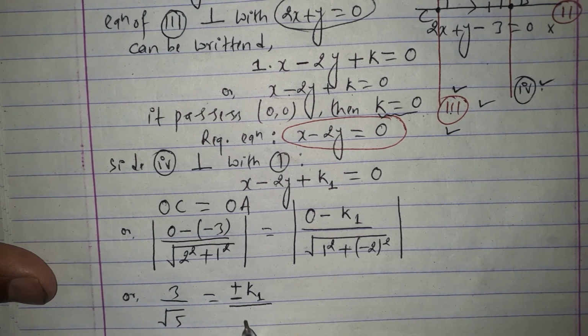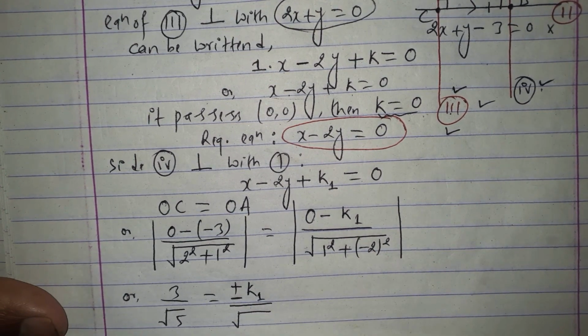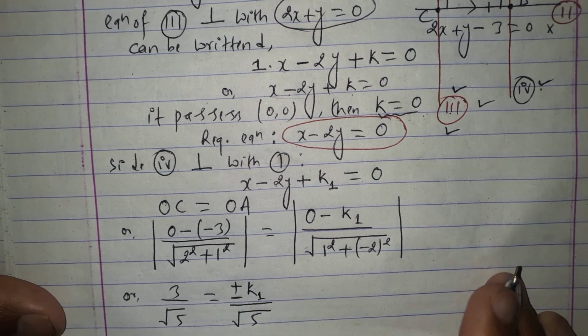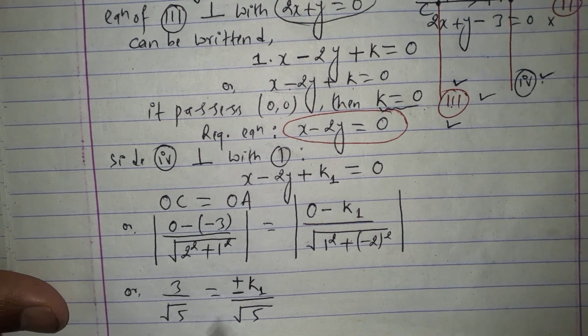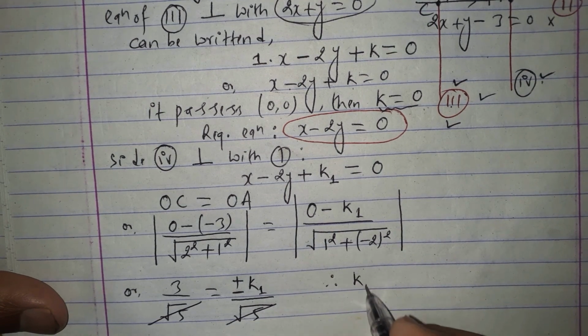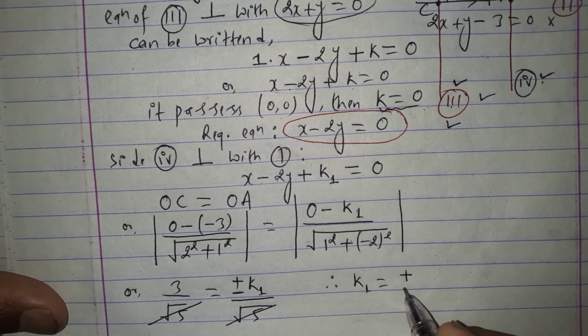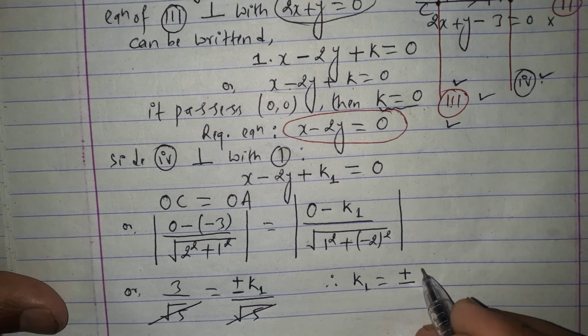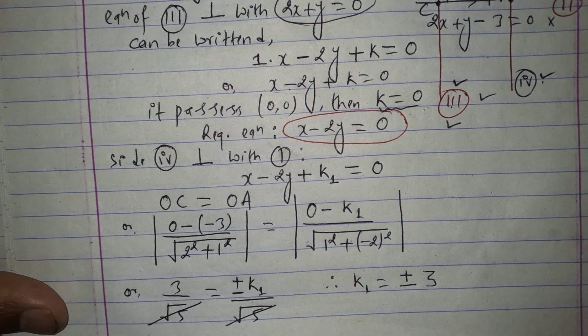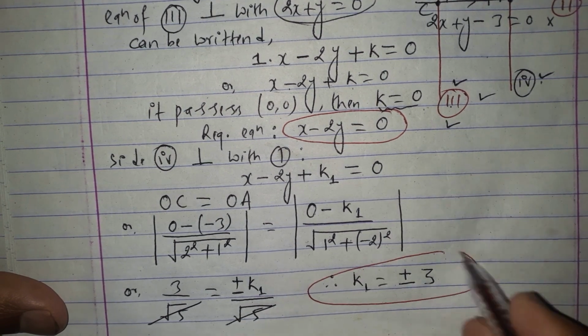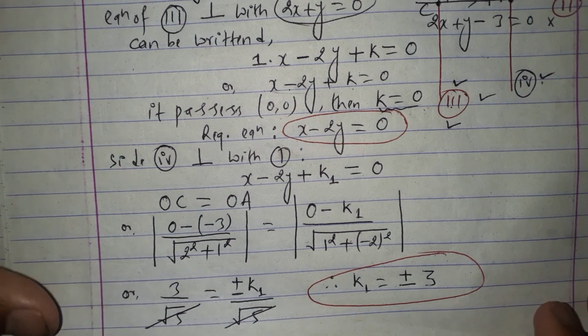The denominator is 1 squared, 1, plus 2 squared, 4, 4 plus 1 is 5, and the same denominators cancel out. Therefore the possible values of k1 are plus or minus 3.